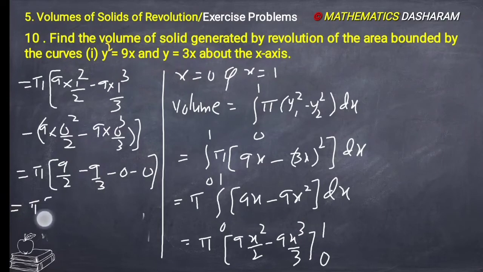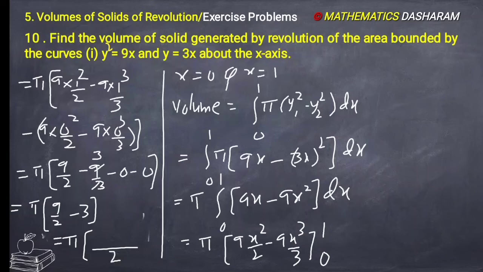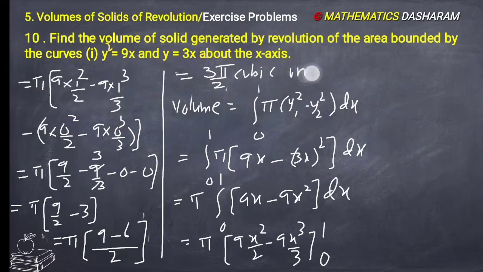So pi bracket of 9 by 2 minus 3. Then 2 is the LCM: 9 minus 3 twos are 6. So 9 minus 6 is 3. 3 pi by 2 cubic units is our required answer.